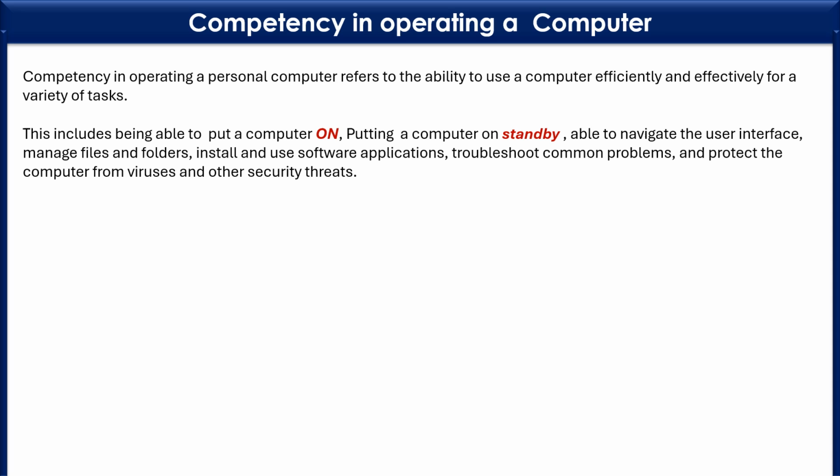This includes being able to put your computer on, put it on standby, navigate the user interface, manage files and folders, install and use software applications, troubleshoot common problems such as loose power cables and loose network cables, and protect the computer from viruses and other security threats. Once you have that ability, then you are regarded as a competent individual.